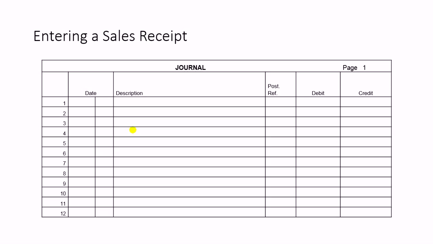Another way of making a sale is a sales receipt. Sales receipts are cash sales. So when we are going to journalize a cash sale, we would date it. And what would be debited for a cash sale? Well, usually it's going to be cash or checking.